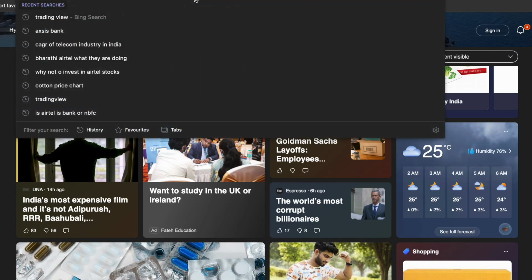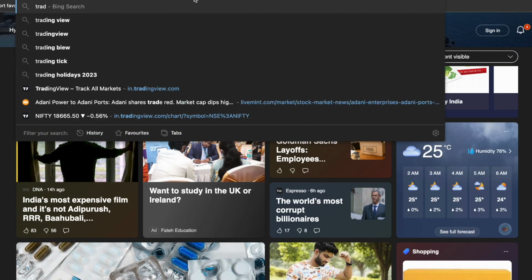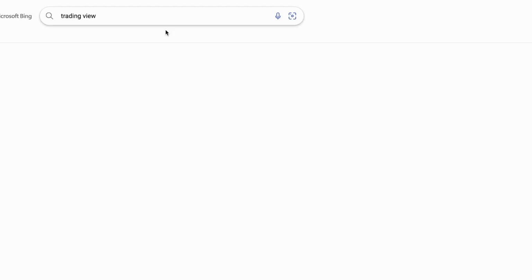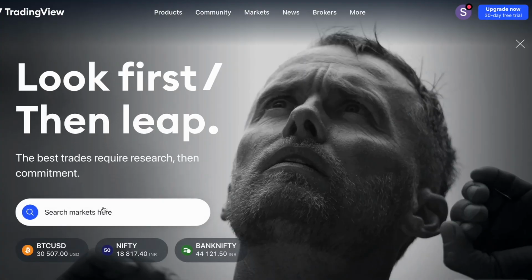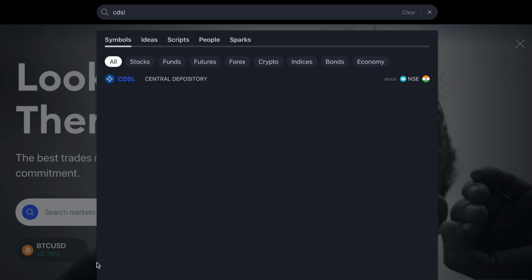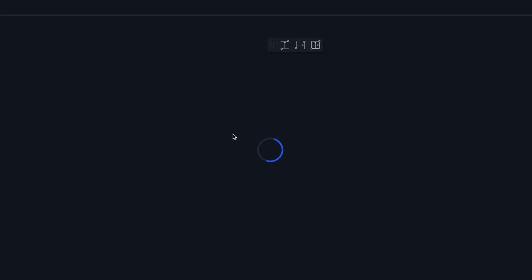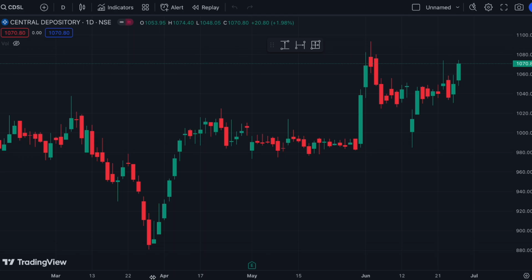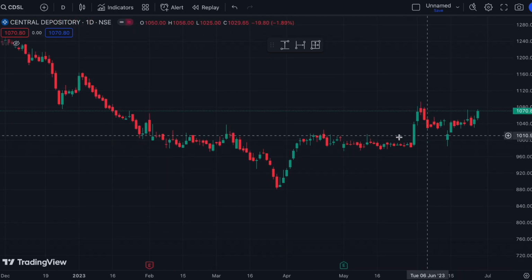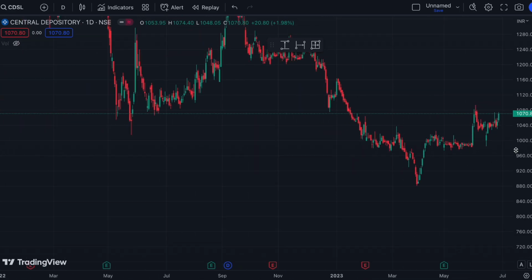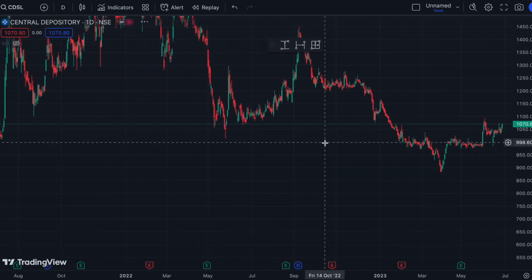Now we are going to look at how much it may grow. CDSL is only listed on NSE, so please go through it. I was keeping it at 1%. I bought here at 990 or 995 rupees, but I'm sorry for being late.